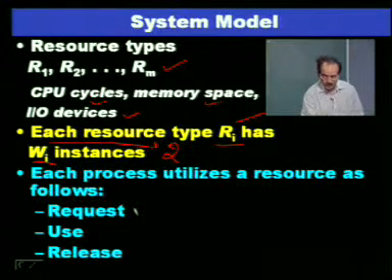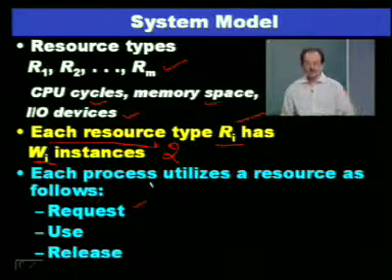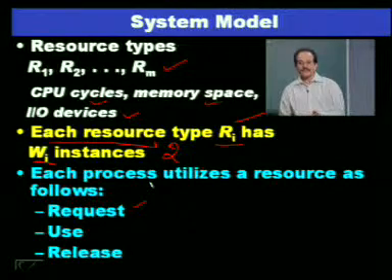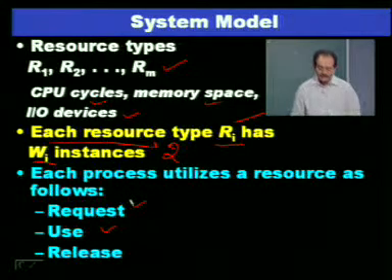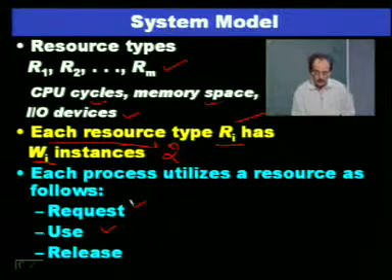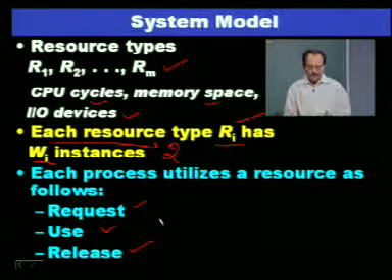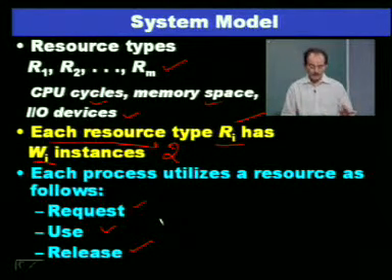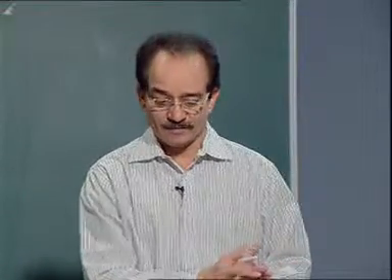It requests for a resource. What does request mean? It tells the operating system, I need a printer for use. Then it uses it, and once its usage is over, it requests the release of that particular resource. This is the way in our daily life also: we request for something, we use it and then we leave it.